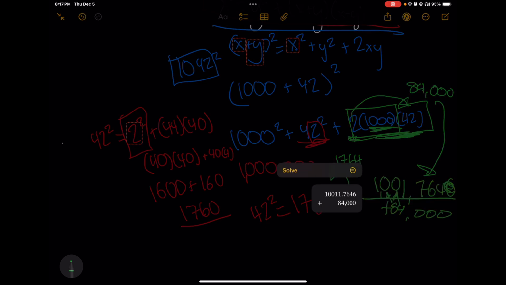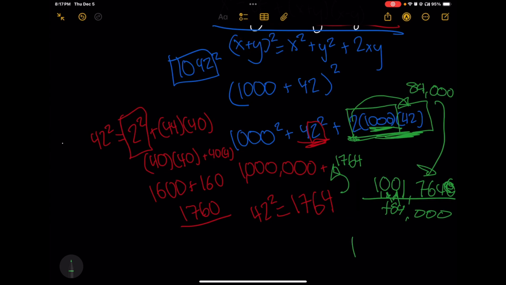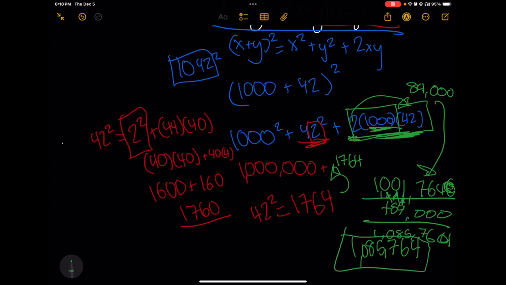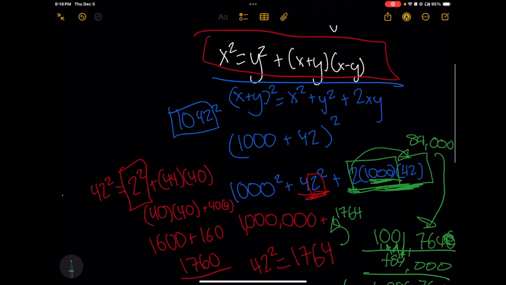So my final answer is gonna be 1,085,764. I just made a mistake there. I did not line that up, so this is going to become a 5. So that is our final answer for 1,042 squared.